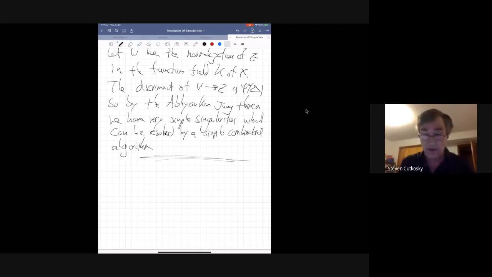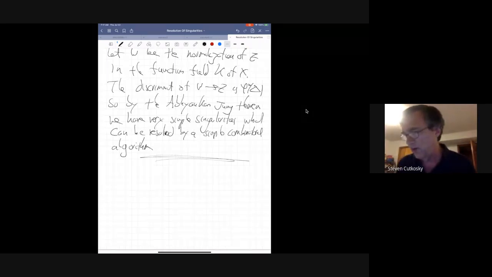I believe Abramovich and someone else, maybe Karu, worked this out, where basically you can do it in such a way that the finite field extensions are actually Galois extensions. So what you're really looking at are quotient singularities. In characteristic zero, quotient singularities are very simple and well understood.